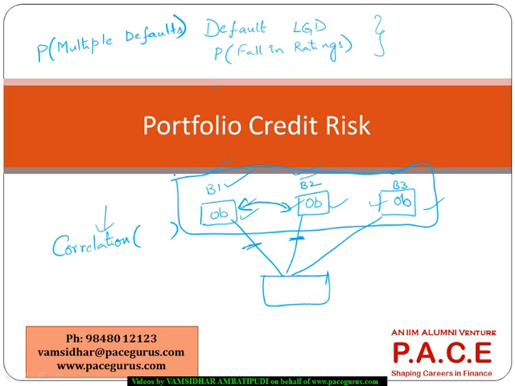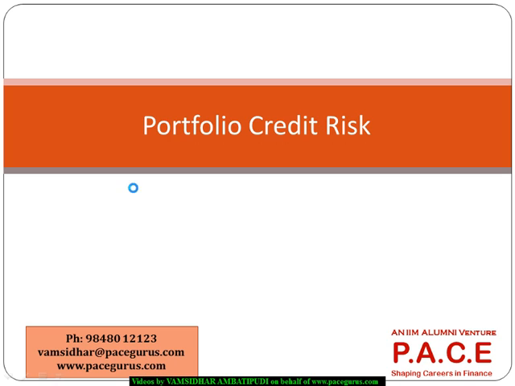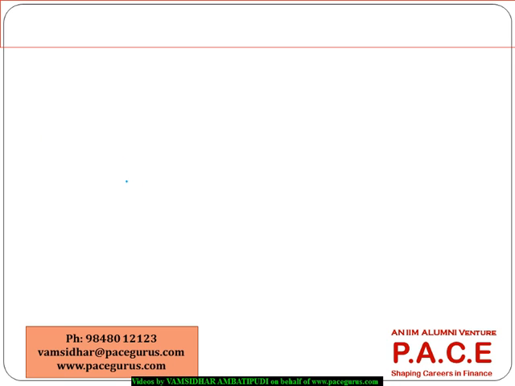So for that, the simple way, probably if I start off with a two credit kind of portfolio, right? Probably the two firm credit portfolio, let's assume individually that the probability of default for the first firm is pi 1 during a particular period of time.